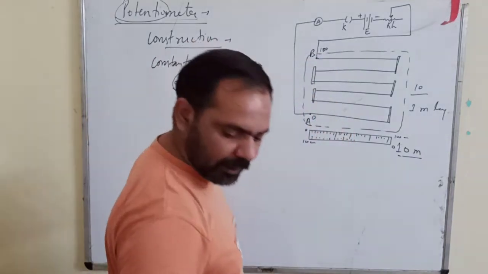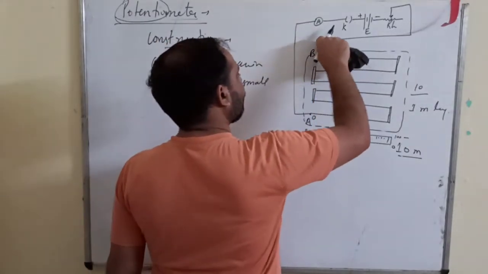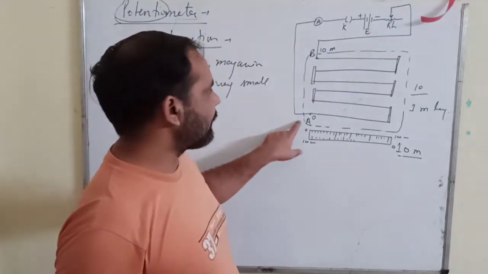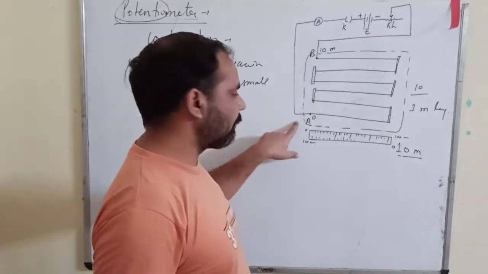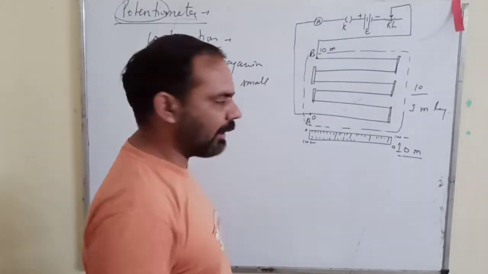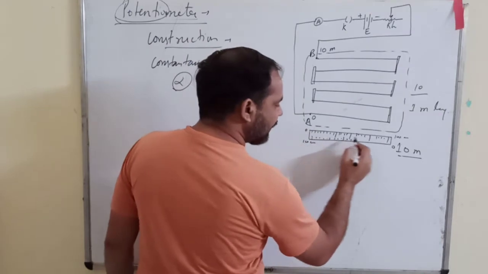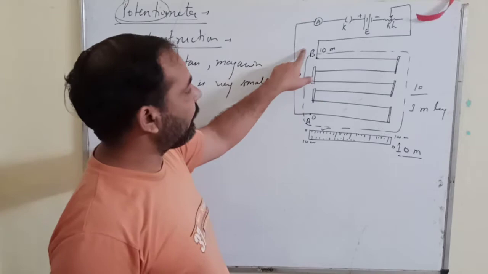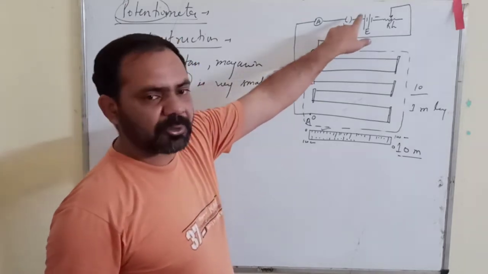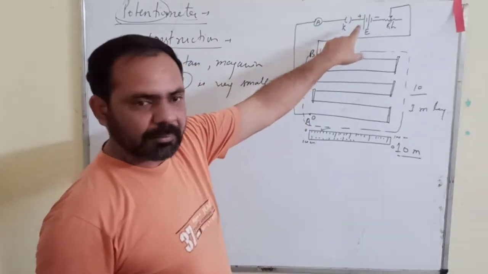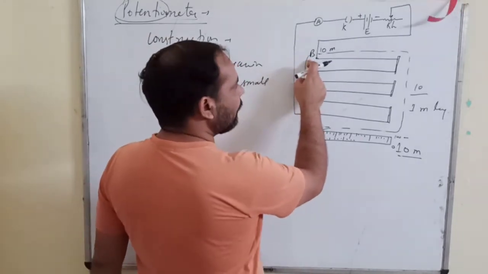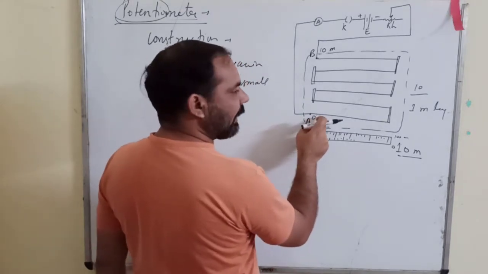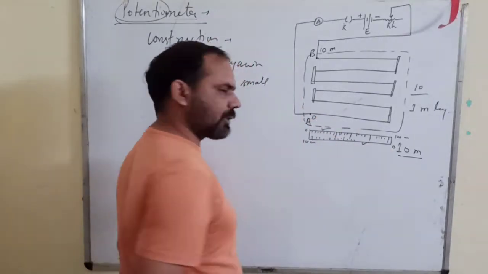So the upper scale has 0 here, and you will take the upper scale. In case your B terminal, this end, is connected to the positive and this end to the negative, then this will become your 0 end and this your 10 meter end, so you will choose the lower scale.